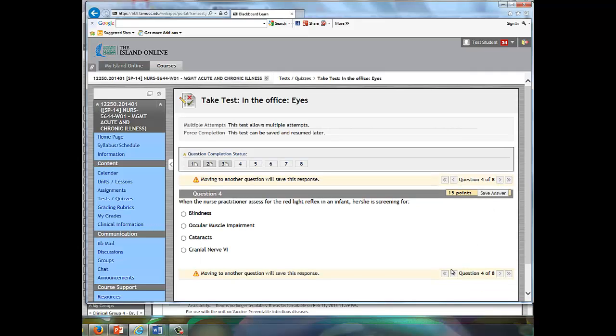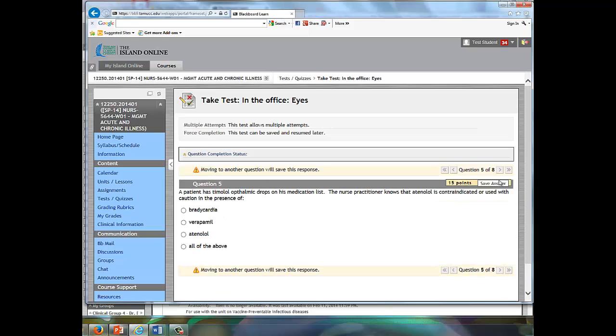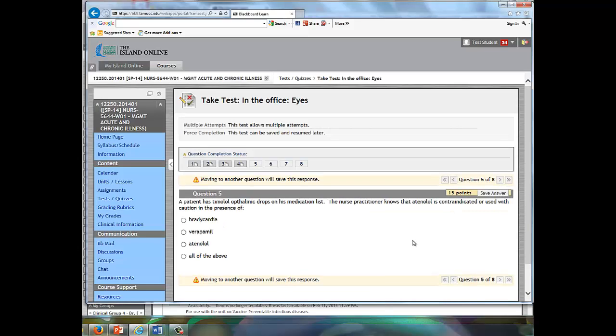When the nurse practitioner assesses for the red light reflex in the infant, she is screening for blindness, ocular muscle impairment, cataracts. I think it's this one. You can look at that. A patient has timolol ophthalmic drops, that's a beta blocker, on his medication list.